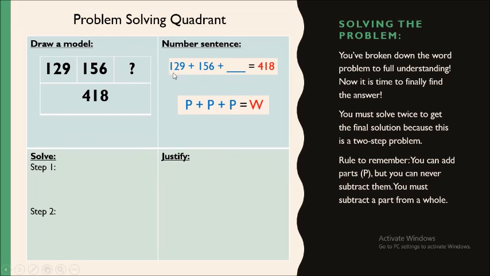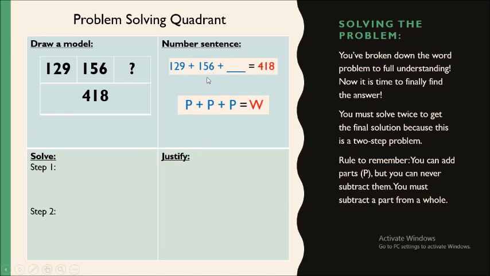For example, you can do 129 plus 156 because we have determined that they are parts, but because they are parts, you cannot do 129 minus 156. Also, whenever we're subtracting, keep in mind that we are subtracting from a whole.